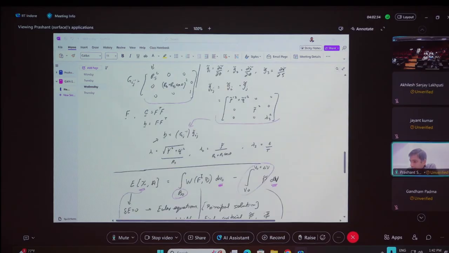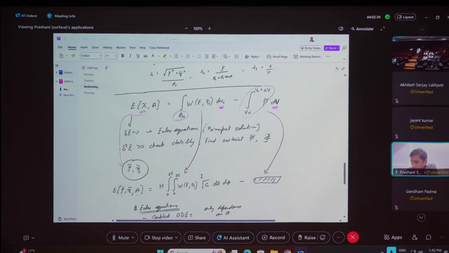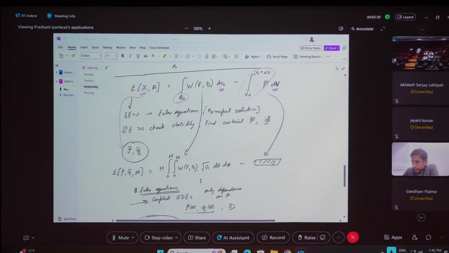Then I talked about how we find out the correct equations to solve. Let me touch upon that point again, because this is a very important point in mechanics that comes from calculus of variations.